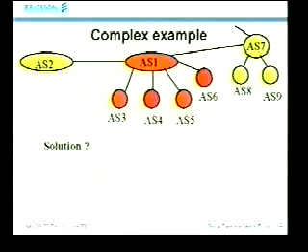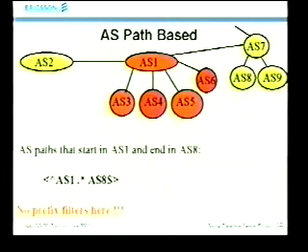Now we have a more complex example. And what it means is filtering based on AS paths. And you can have AS paths that start in AS1 and end in AS8, so we have this regular expression here. No prefix filters here at all. No address prefixes.